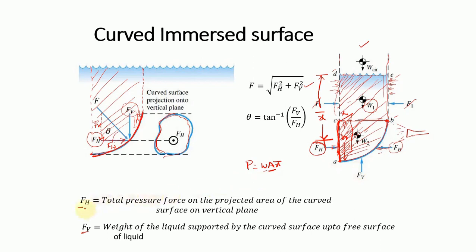Once you know this Fh, that is equal to w A x bar on the projected vertical plane, and by knowing Fv, you can easily determine the total pressure force, that is the resultant force, right? Once you know this Fh and Fv, this theta also can be calculated, right?